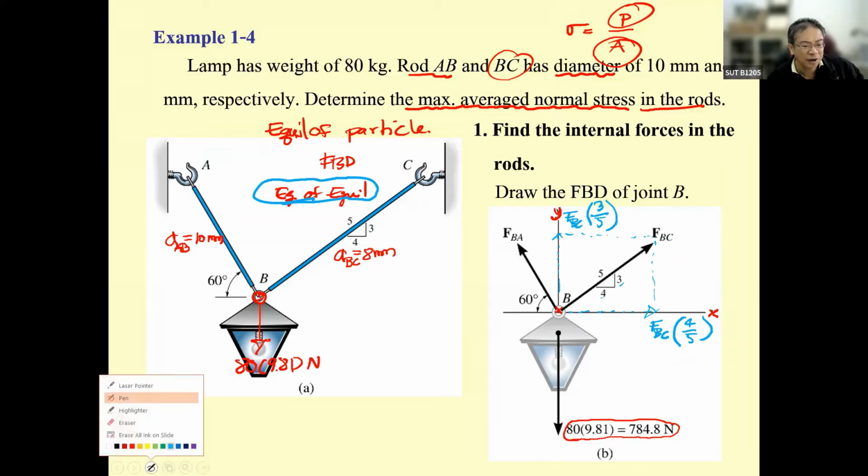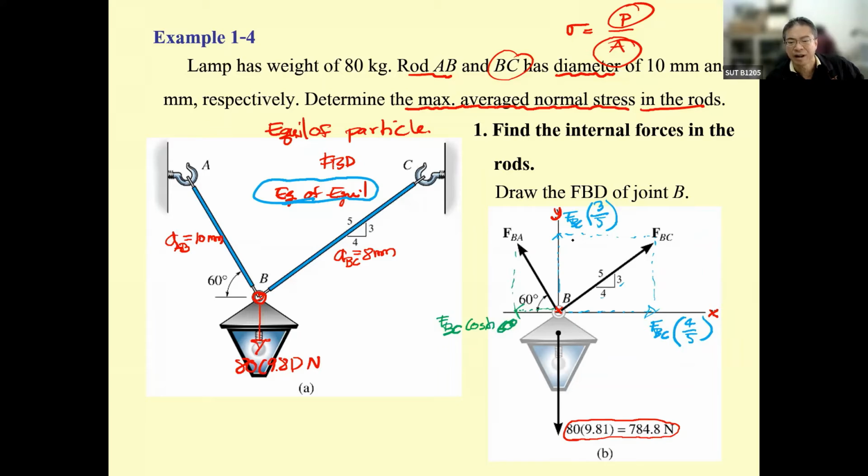And also, if you project it downward like this, this is going to be F sub BC, this angle is going to be cosine 60 degree. And then also in this one, you may project it in this direction. This one will be F sub BA, and that one is going to be sine 60 degree.